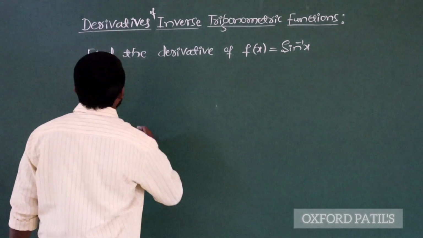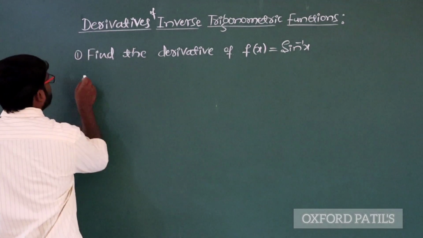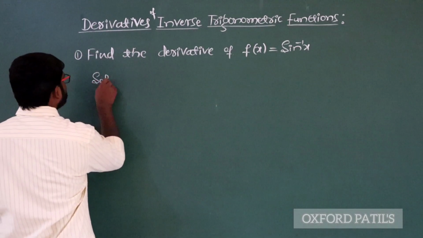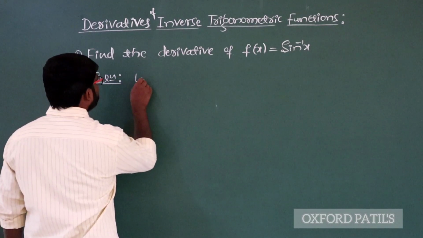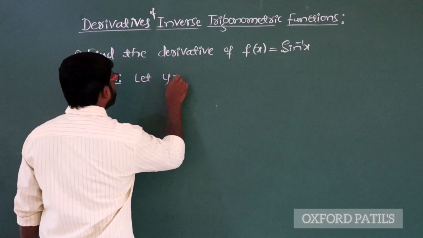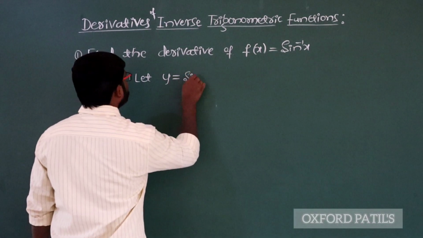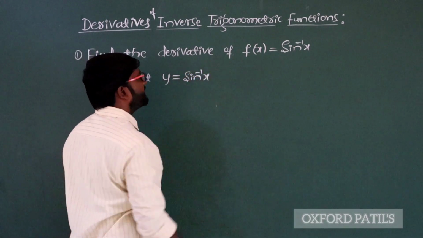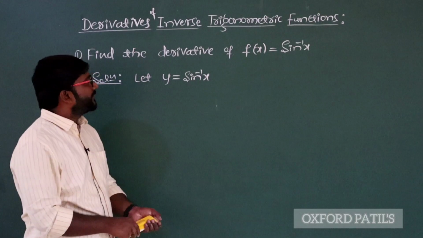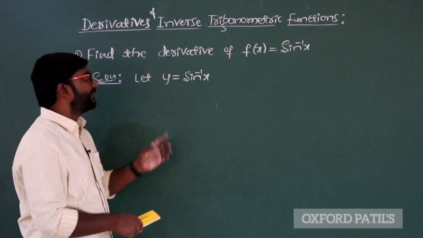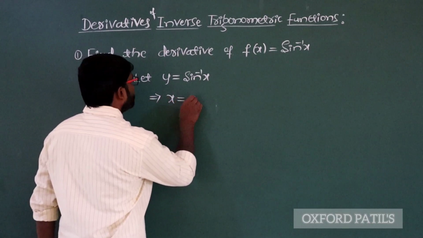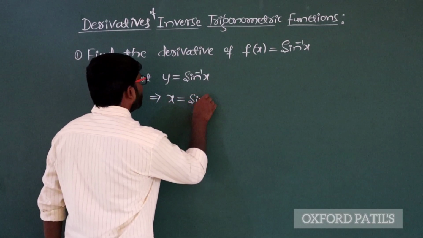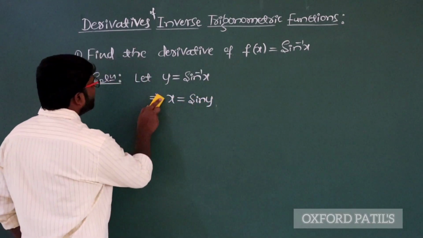So let us get the derivative of sin inverse x. I will take this as y. Let y be equal to sin inverse x. So from this, x is equal to sin y.